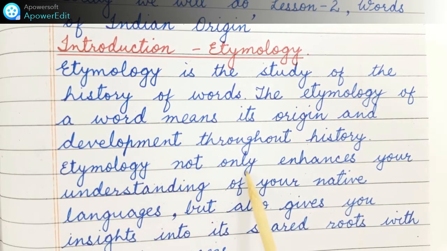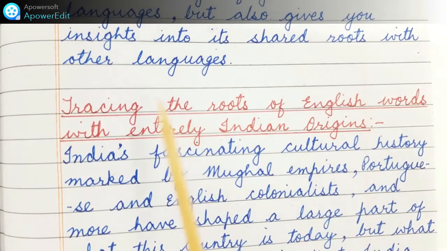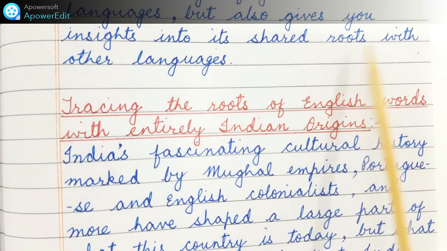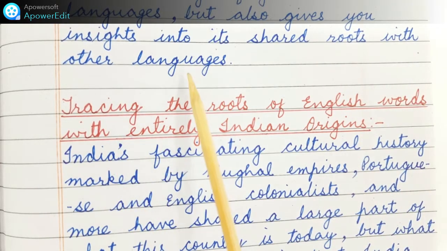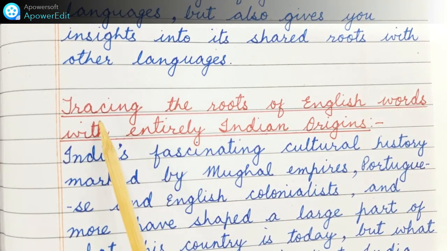Etymology not only enhances your understanding of your native languages but also gives you insights into its shared roots with other languages. Tracing the roots of English words with entirely Indian origins.